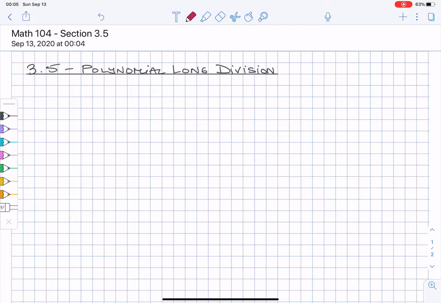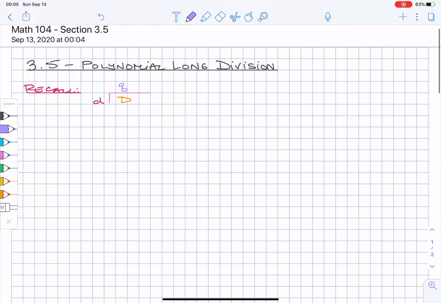Okay, so let's recall normal division. We usually have some number, little d, divided into a capital D. And there'll be something on top, which I'm going to put as a q.